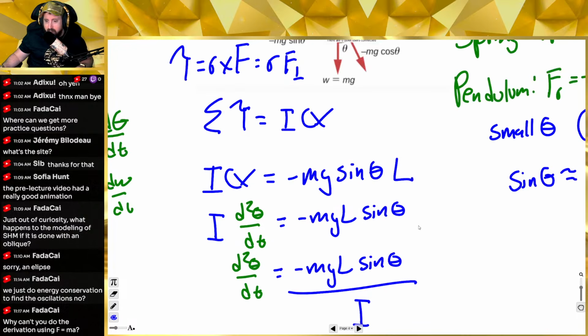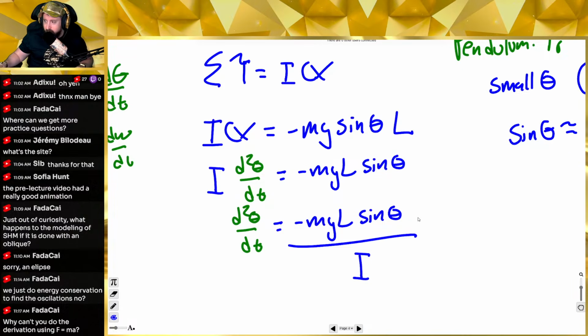Cool. And this almost looks like my wave equation, right? Remember our wave equation: d squared x dt squared was equal to negative omega squared x, right?